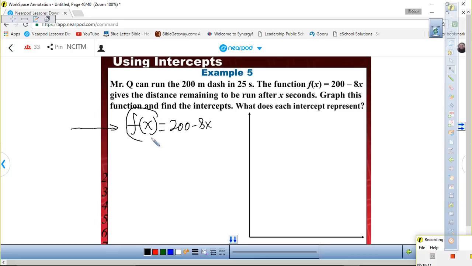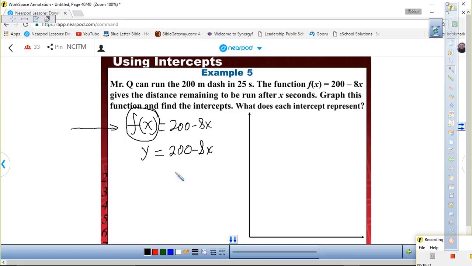So y equals 200 minus 8x. Does that look like a linear equation? You have to change the entire thing. I had mentioned last week when we covered functions that we can write this as a two-variable equation just by exchanging the function notation to y. Everybody with me?